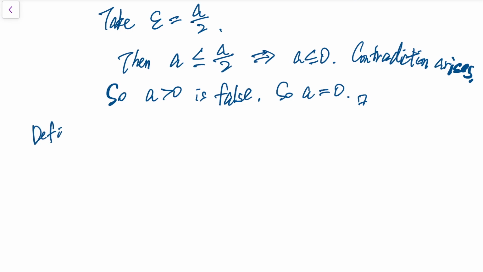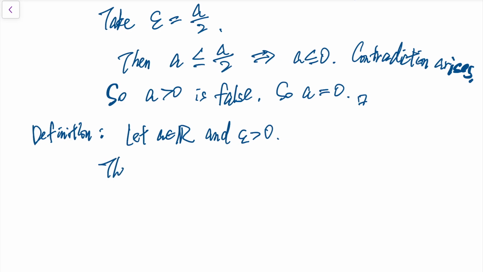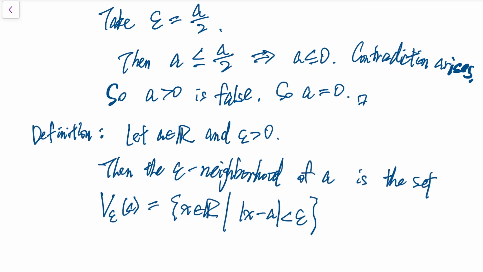Definition. Let A be a real number and epsilon be a positive real number, then the epsilon neighborhood of A is the set.